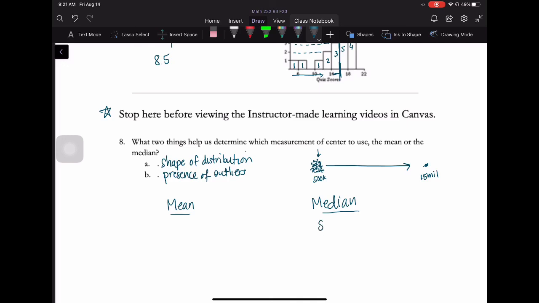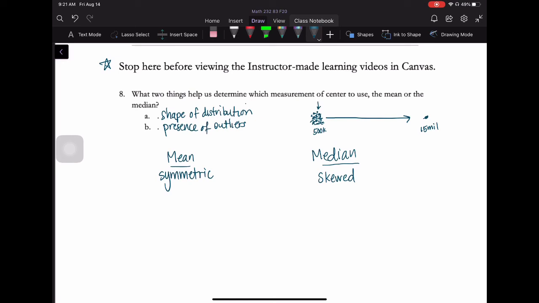That means that when we have a skewed distribution, the median is our go-to. And when we have a symmetric distribution, we can use the mean. The presence of outliers is, again, just drawing attention to skewness.